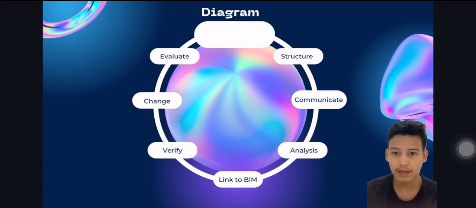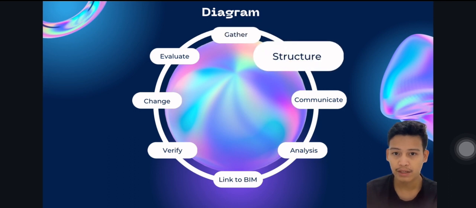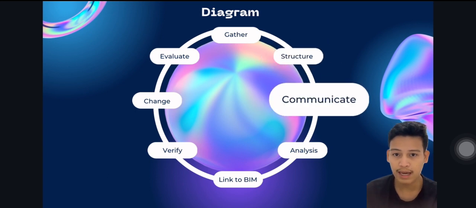The second one is the structure. It is to organize the gathered information into a clear and organized format. The third one is communicate. Communicate is to share the structured requirements with everyone involved in the project.